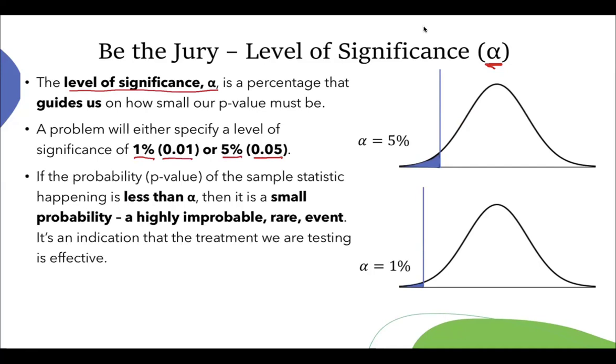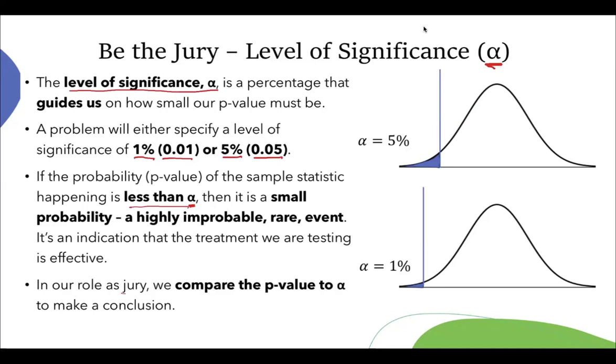If the p-value of the sample statistic happening is less than the alpha provided in the problem, then it's considered to be a small probability. It's considered to be a highly improbable rare event. And that's indication that the treatment you're testing is effective.